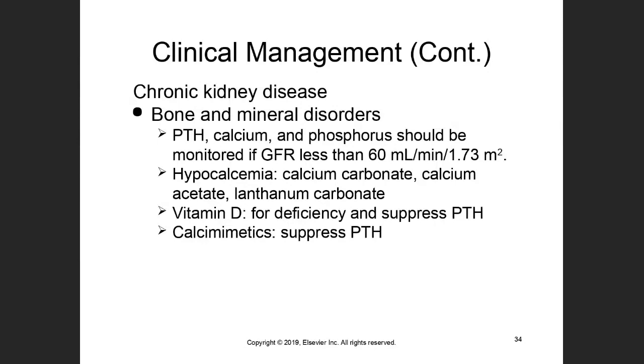Chronic kidney disease, bone and mineral disorder. Remember that when you increase the PTH, you increase calcium, and calcium is taken from the bone, then you weaken the bones, and that produces problems in the bones. Also, patients have problems with vitamin D, because remember that it is also related to the kidney and the PTH.